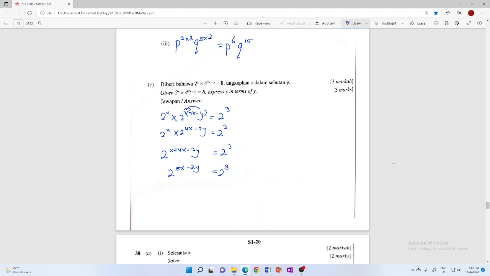And when this is the same base, we can eliminate. So we will have 5x minus 2y equals 3, and 5x equals 3 plus 2y, and x equals (3 plus 2y) divided by 5.